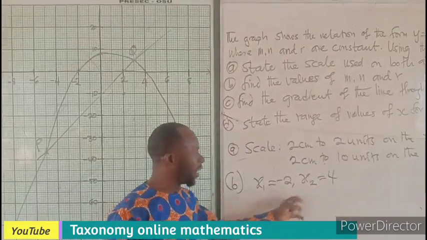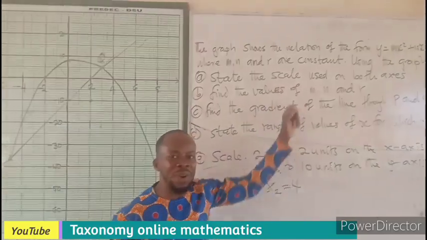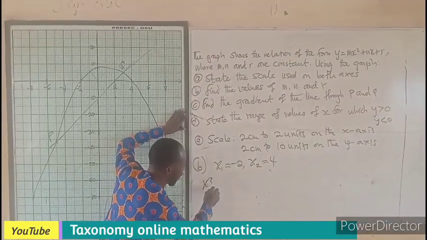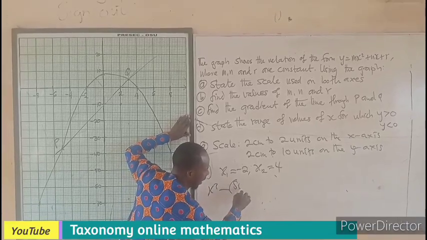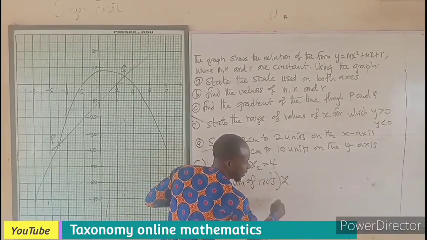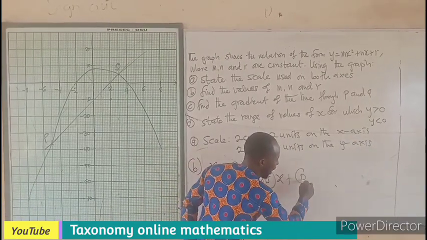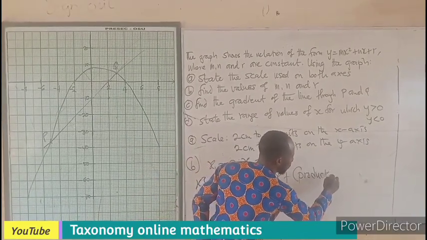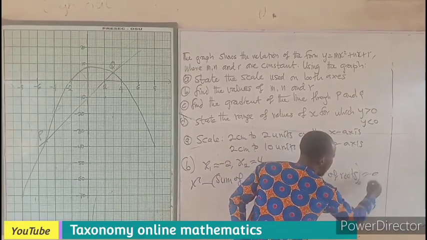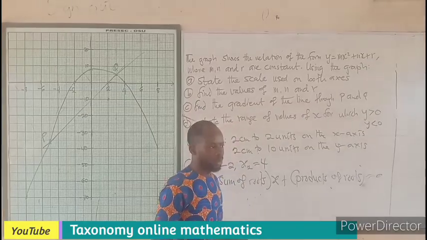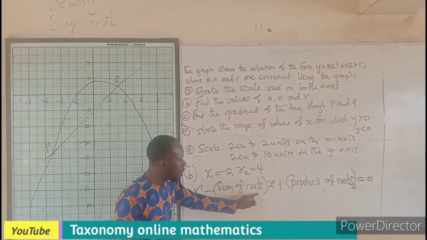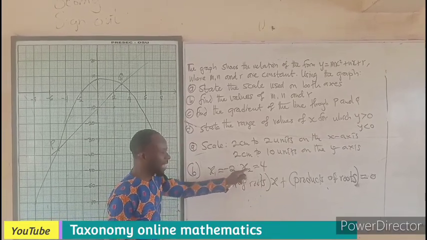So I'm going to use the solution to get back my quadratic equation. We say that we have x squared minus the sum of roots times x plus the product of roots, all this equals 0.